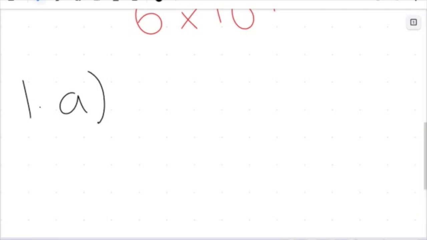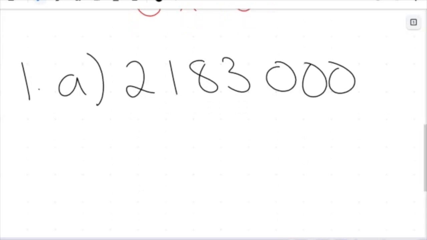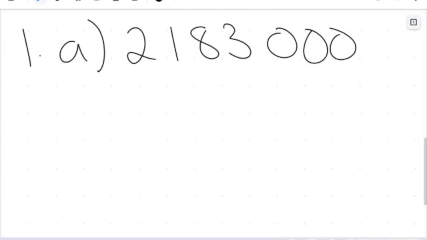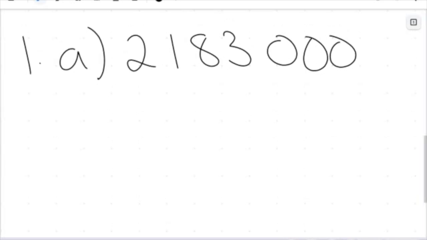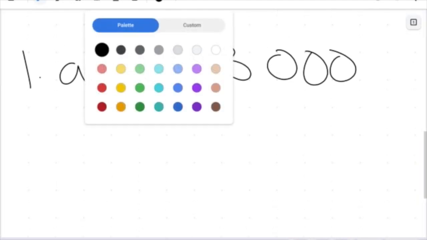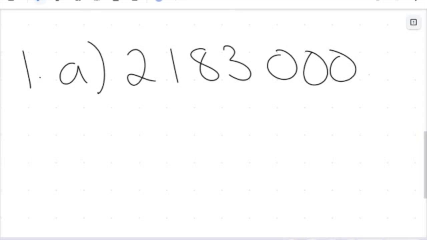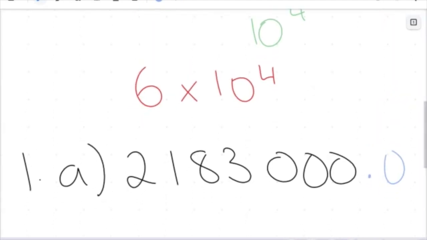So look at this first question here. I have 2,183,000. First I want to convert this to scientific notation. If you remember from the previous videos, because this is a whole number, we can think of there being a decimal point right at the end here. And in scientific notation, this first part is typically between 1 and 10.